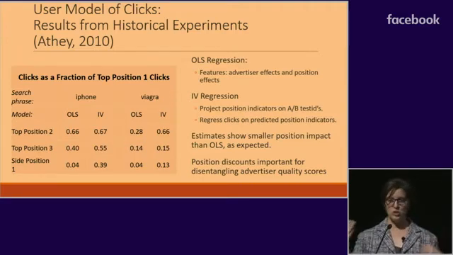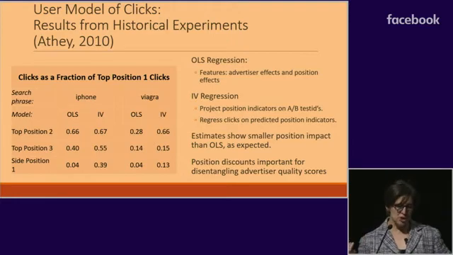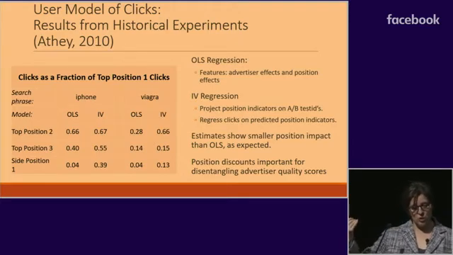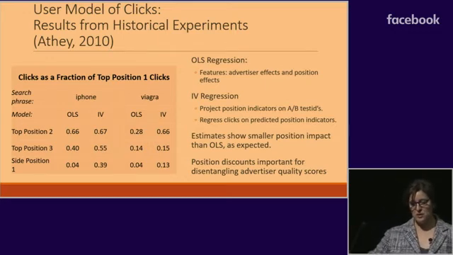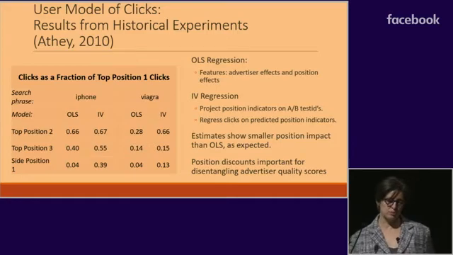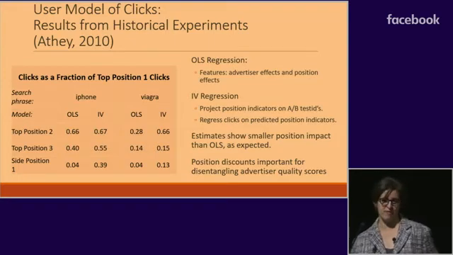If you just did a simple regression of whether the ad was clicked on the position effects, as well as the identities of the advertisers, it would look like there were really strong position effects. It looked like being in the second position was about 2/3 as good as being in the first position, then going down to the third position was about 40%, and the side position was like 5%. So it looked like the clicks were falling off really fast.